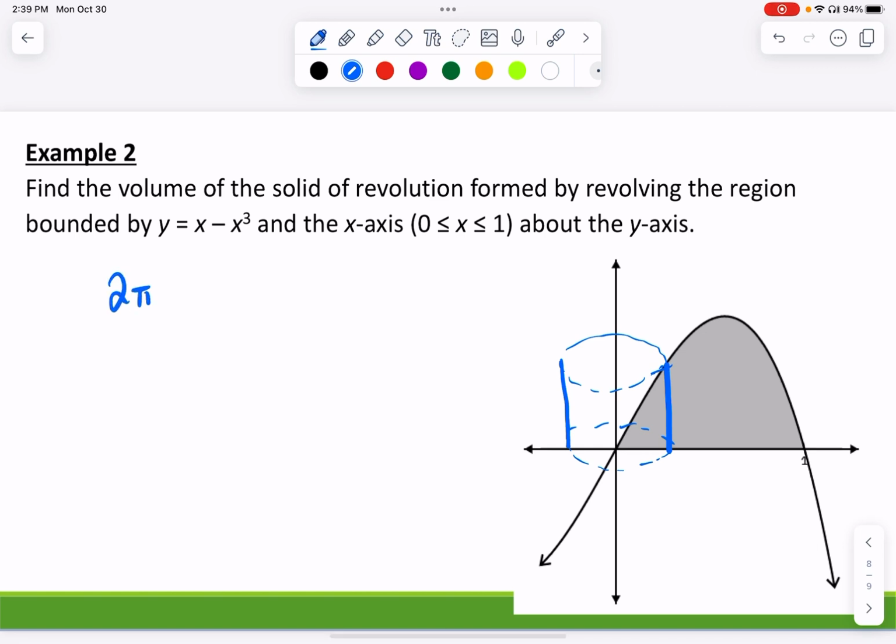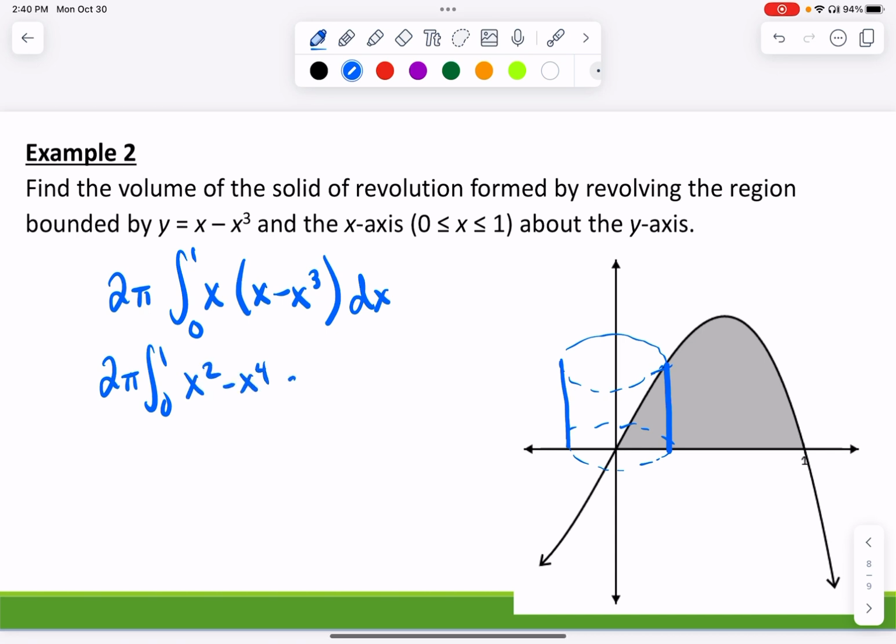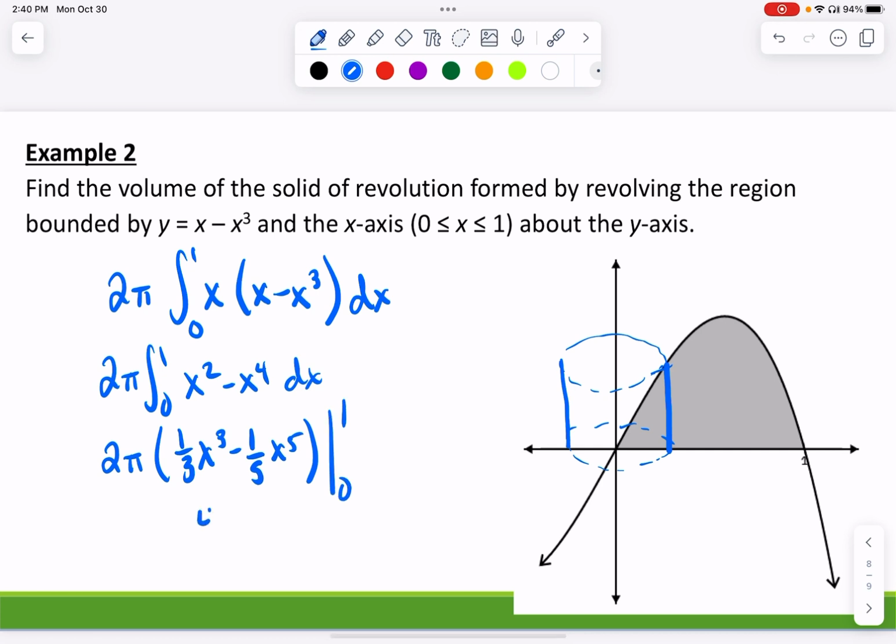So I have 2 pi, my radius, which instead of writing r, I'm going to write x, times my function, and I'm going from 0 to 1. So I have an x squared minus an x to the fourth dx. I integrate, and I'm not going to show all of the work. We get 4 pi over 15.